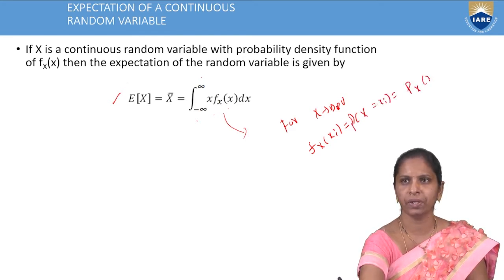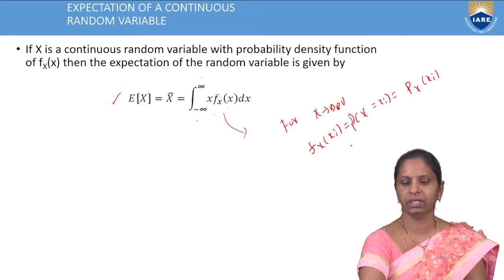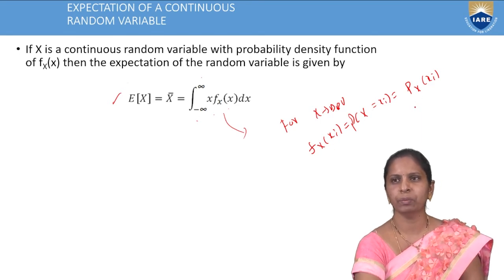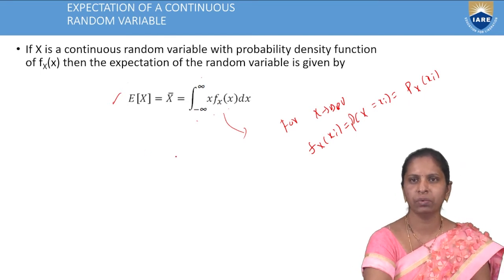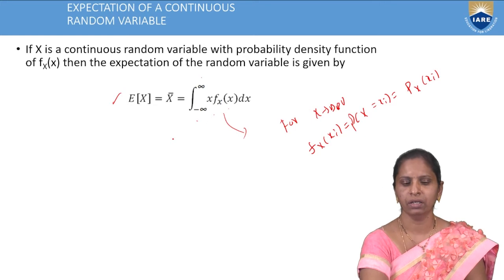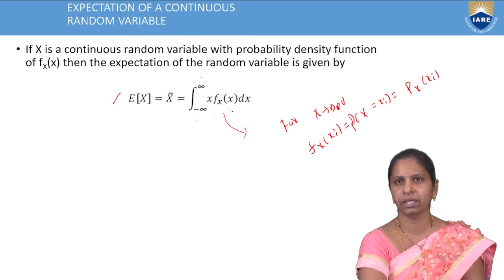It can be represented by px of xi. It is a probability at the corresponding element only. The density function at a particular value is nothing but the probability at the corresponding element only. So therefore, this is the formula to calculate the expected value of a continuous random variable. So what is the formula? Integration from minus infinity to infinity of x into fx of x dx.